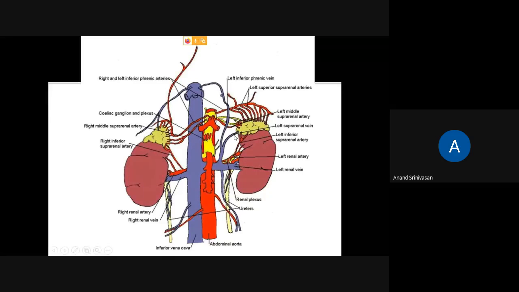Here you can see the left suprarenal vein draining into the left-sided renal vein, and the right suprarenal vein draining into the inferior vena cava.